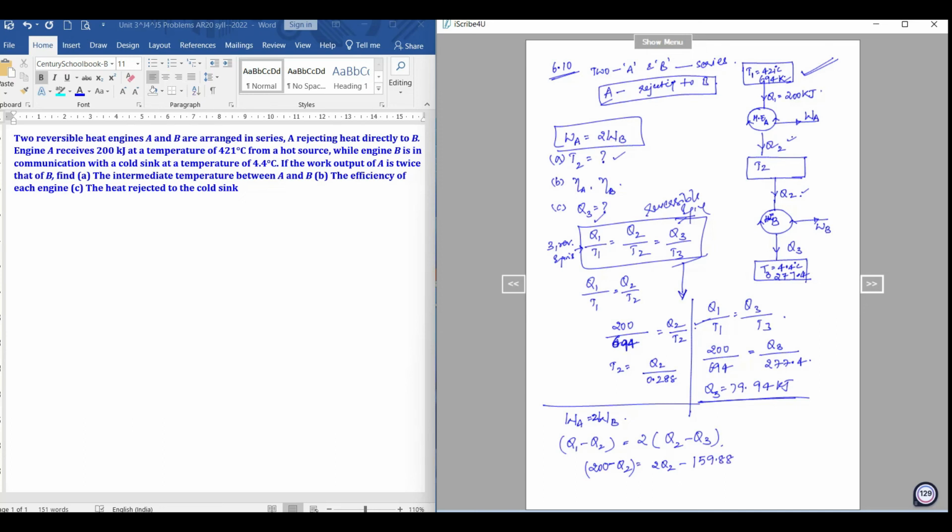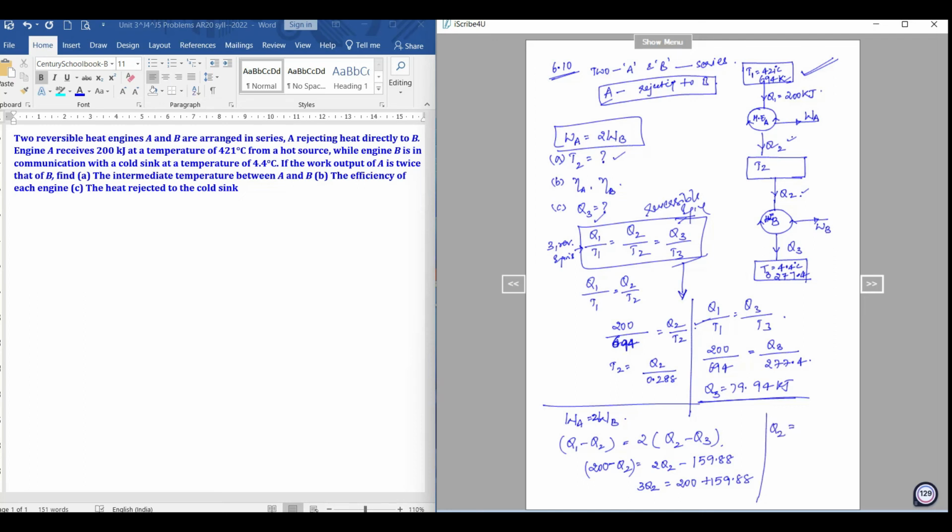So Q2 will come this side, that becomes 3Q2. 3Q2 will be equal to 200 plus 159.88. Right here.